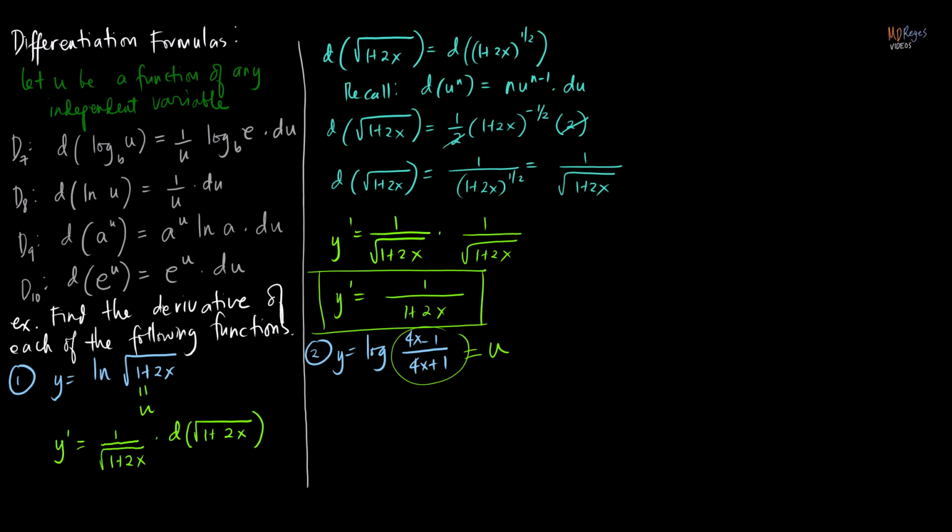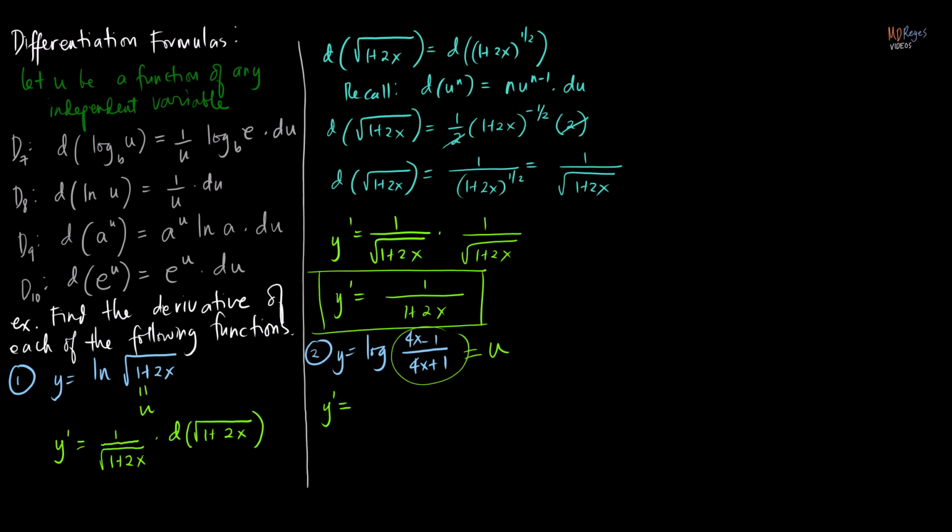And in the formula, that's formula number 7, D7, to get y prime, we have the derivative of logarithm of u to any base b, where u here is the quotient of 4x minus 1 and 4x plus 1.